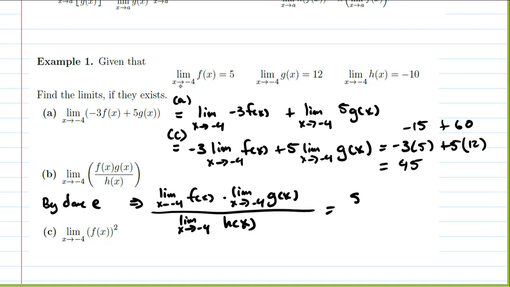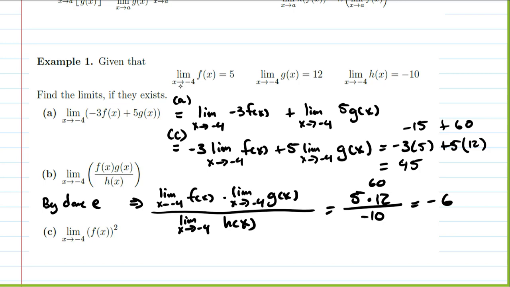Well, our limit for f of x is 5, our limit for g of x is still 12, and our limit for h of x is negative 10. So let's see, 5 times 12 is still 60. 60 divided by negative 10 is negative 6. So in this case, our limit would be negative 6.